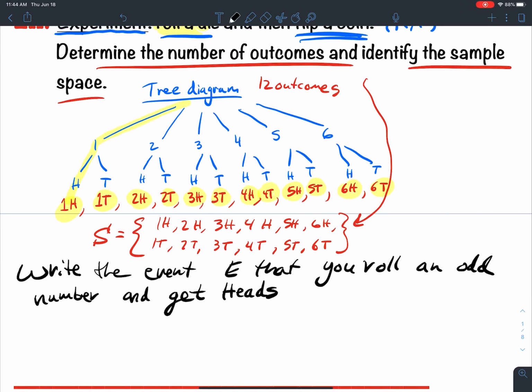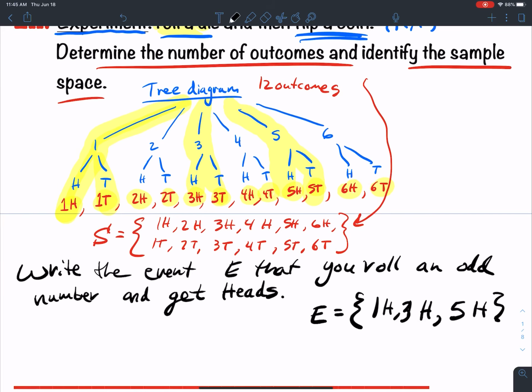Okay? So the event E is that you roll an odd number and then you get a heads. What are odd numbers? Odd numbers are 1, 3, and 5. So what are my events that I could get? I could roll a 1 and get a heads. I could roll a 3 and get a heads. And then I could roll a 5 and get a heads.